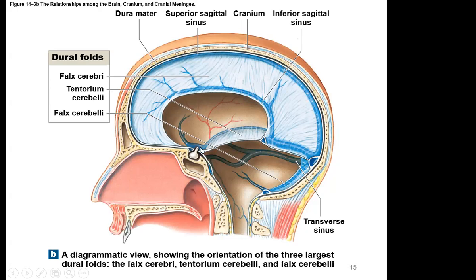Okay, you can see this tentorium cerebelli going to be separating the cerebrum from the cerebellum. But what you can't see so well, this is the falx cerebelli going in between the hemispheres. I said that backwards. Tentorium cerebelli, separating cerebrum and cerebellum.